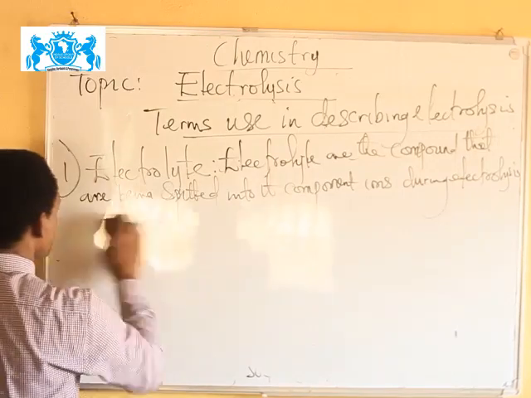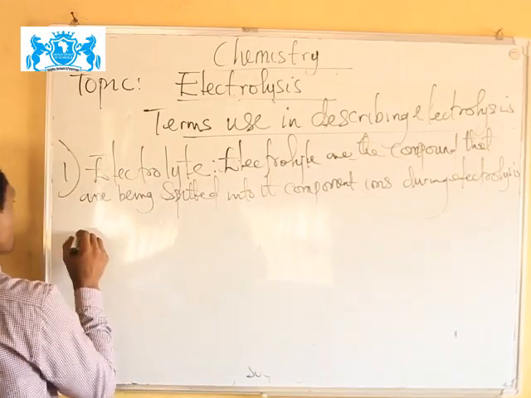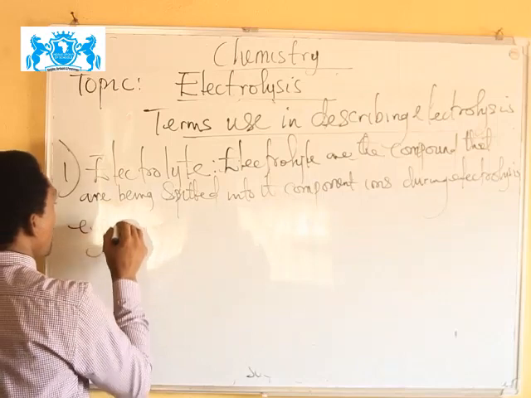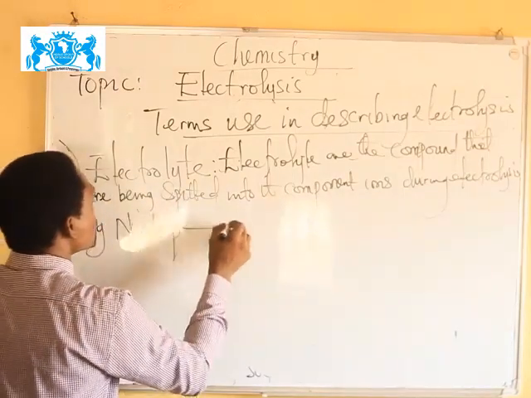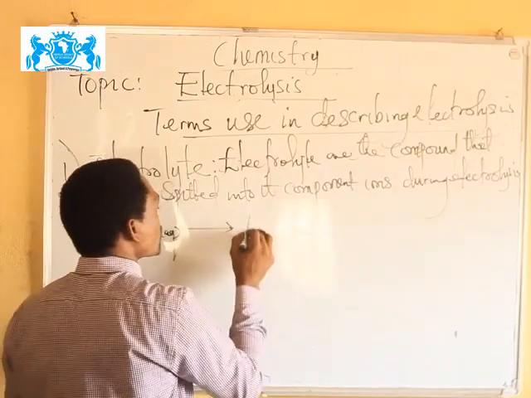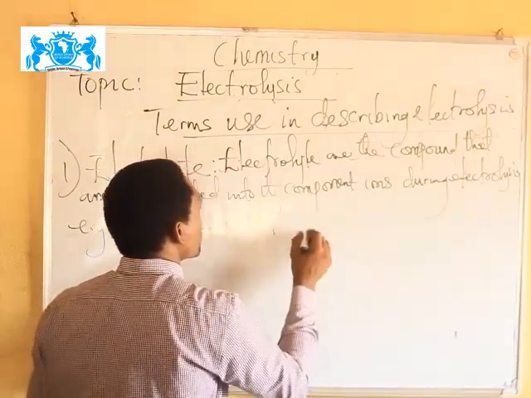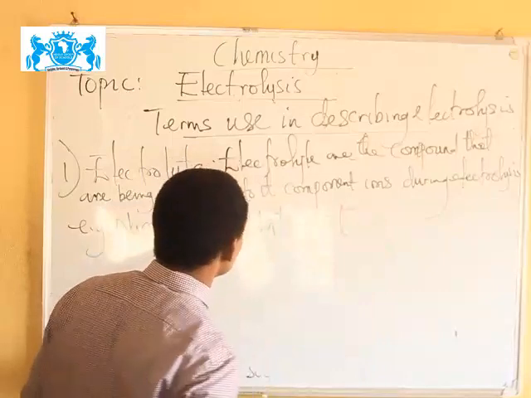E.g., you can have something like aqueous sodium chloride. The sodium chloride will be split into sodium ion and chloride ion.